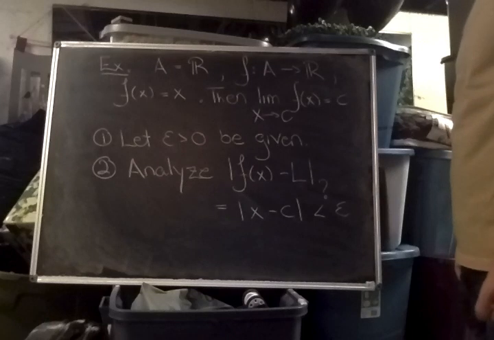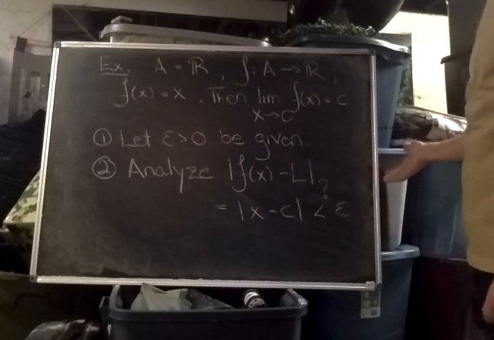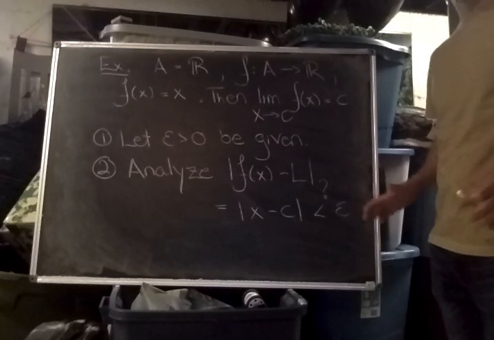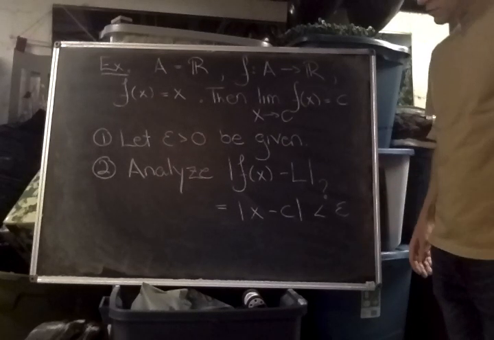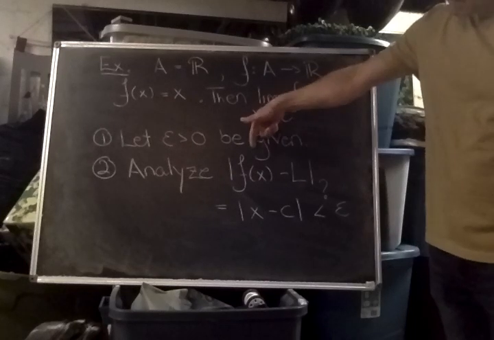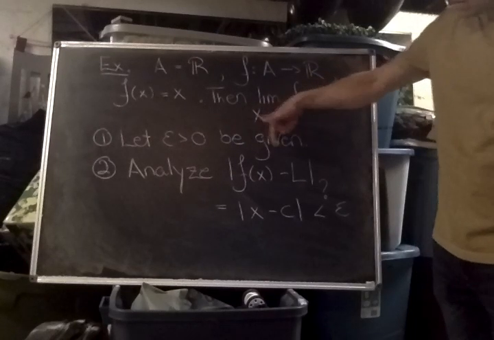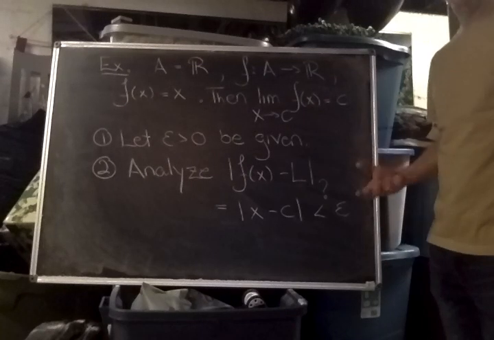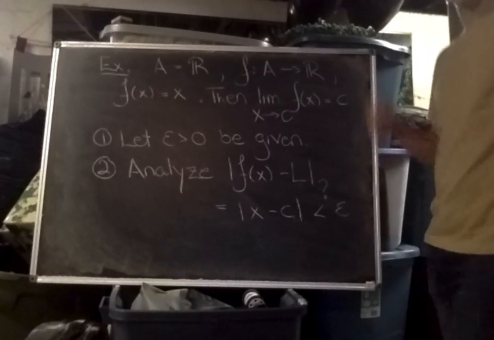Okay? And what we have to keep in mind is that we are allowed to control something. So in the case of sequences, instead of f of x, we had x_n minus L. We wanted to control that. And the way we could control it was by insisting that that index, little n, be big enough.